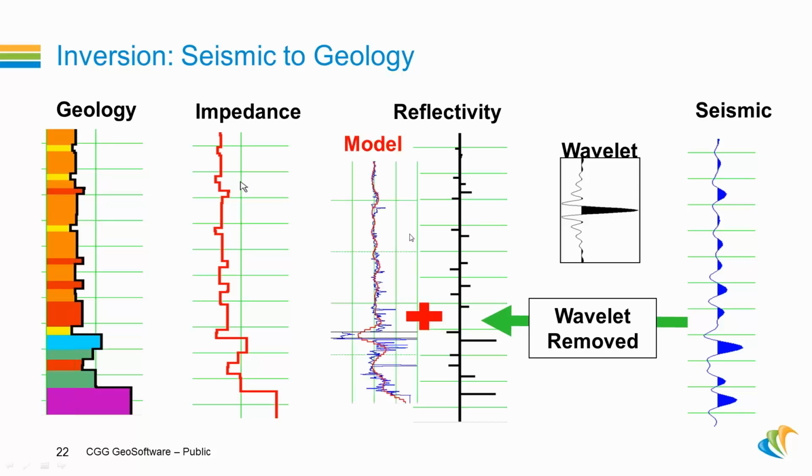But it lacks one important piece of information, which is the low frequency part, or the trend of this data, and we need to add it from some known information, for example, from well-log data. Then adding that, we are able to get impedance correctly, absolute values of impedance, and from impedance we can infer the geology behind that impedance.